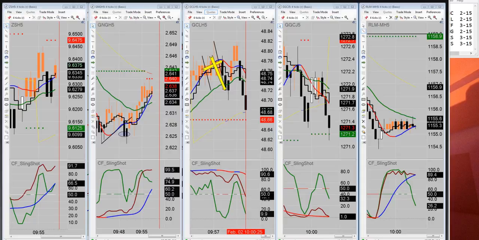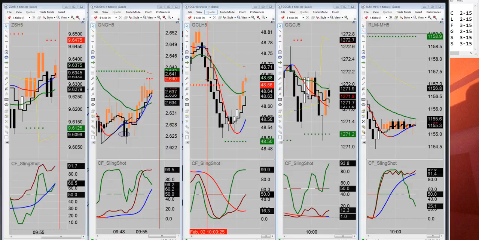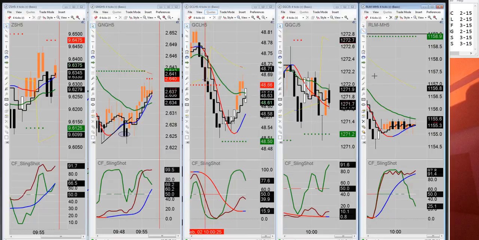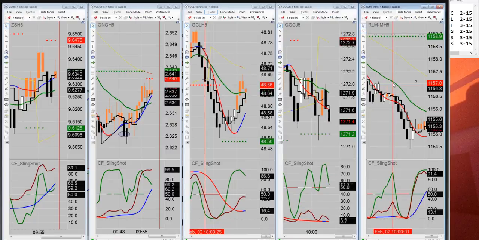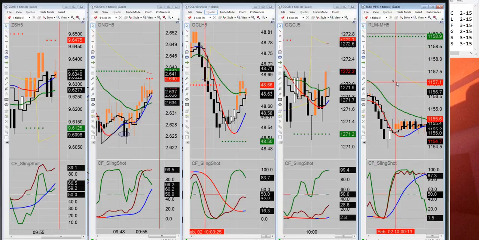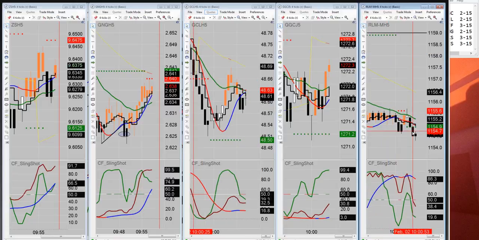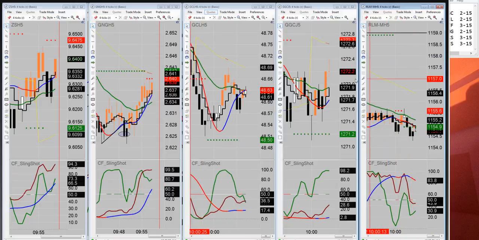Factory orders, IBD tip economic optimism. Those were the two news events for today, and they just came out. Okay, that sent the Russell reeling. Just waiting for a good opportunity to trade the Russell now.